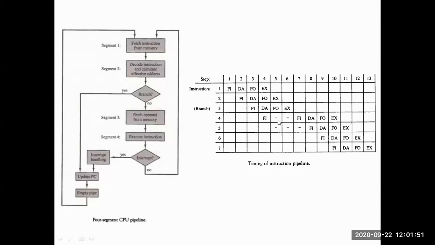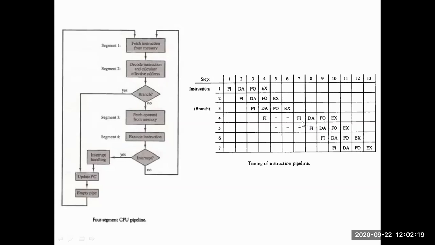So no need to decode or do other operations on this instruction 4 because we have to go to some other place. So here we can see the pipe is cleared, and once the pipe is cleared, then we can go to the new place, the branching place, for example instruction number 100. So now we will start fetching that new instruction, and it will continue likewise what we were doing.